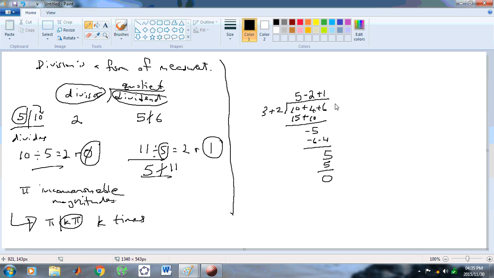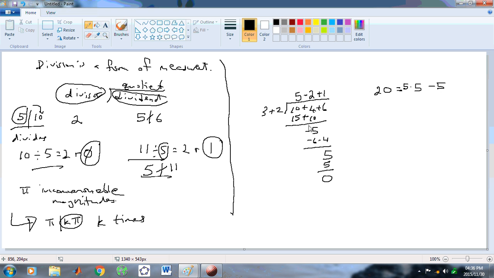Okay, so how does this relate to the Euclidean algorithm? Okay, let's see how. So if you write the individual steps, it will be 20, which is the entire dividend, and 5 is the divisor, which is 3 plus 2, and the first one we used was 5, so it will be 5 times 5. The first partial quotient was 5, so it will be 5 times 5 minus 5, right?